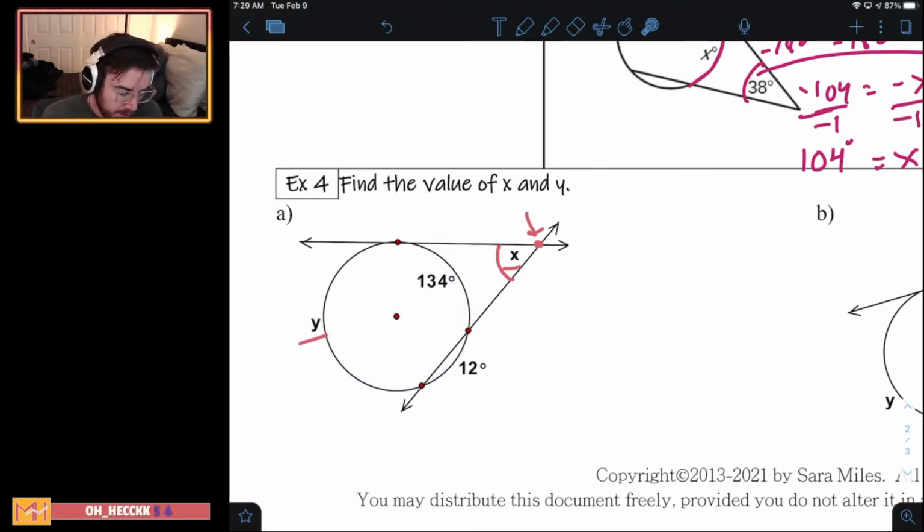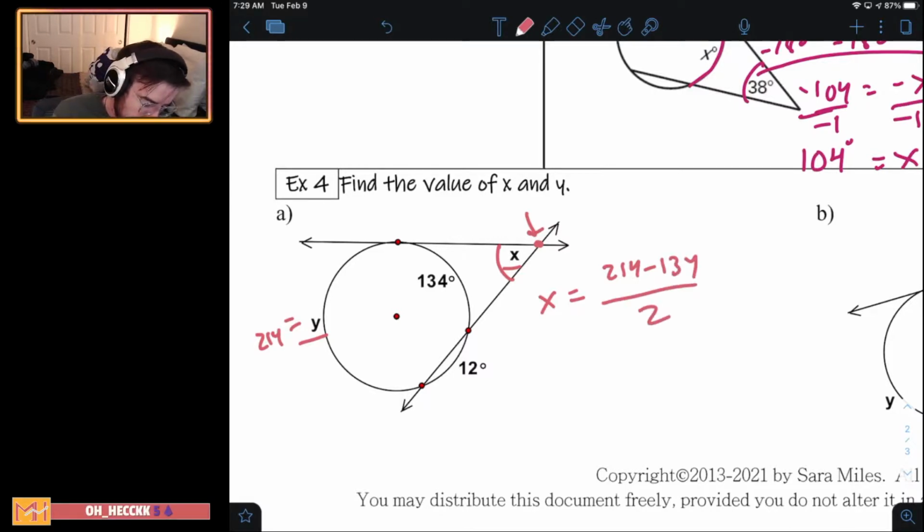So 134 plus 12 is 146. And then 360 minus 146, this is 214. And now that we know the big arc, the exterior angle is equal to the big arc minus the small arc divided by 2. X equals 40.